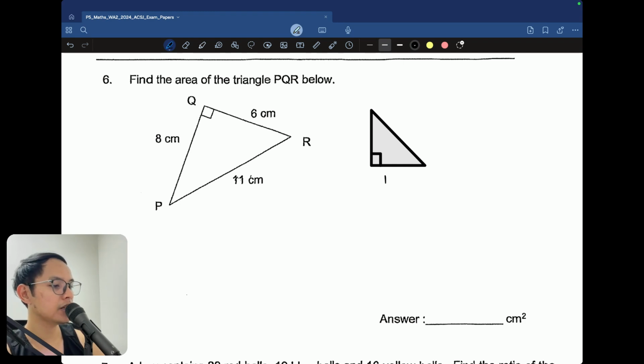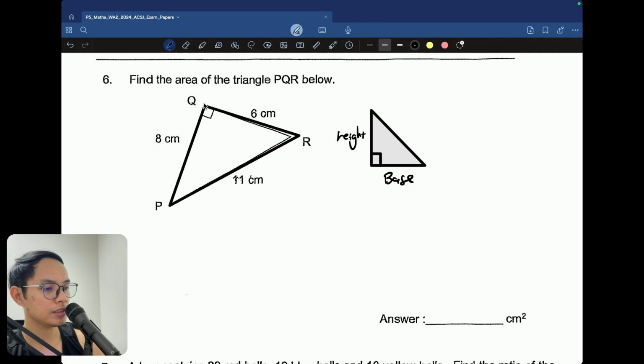The base is over here and the height is over here. In this case, if I were to just draw the triangle like this, and then draw this over here, let me just draw it a little bit nicer.